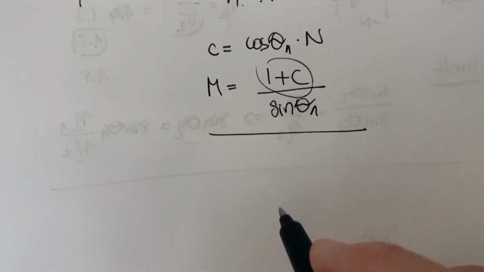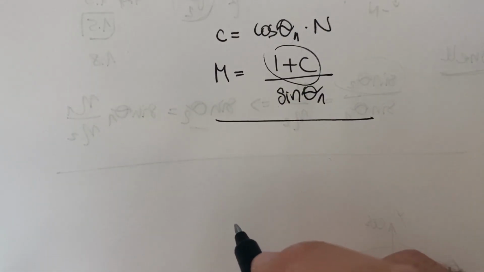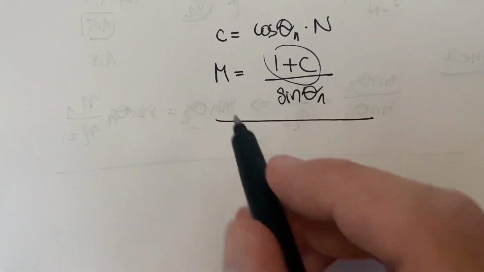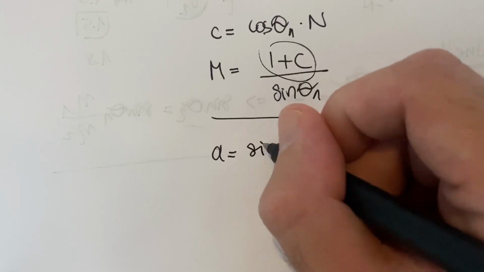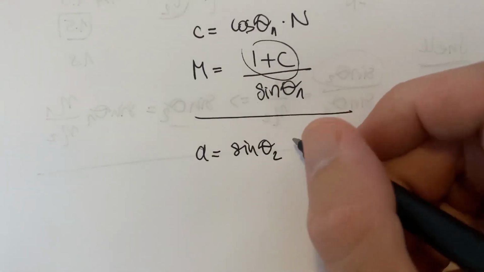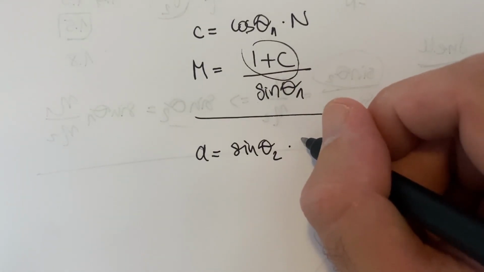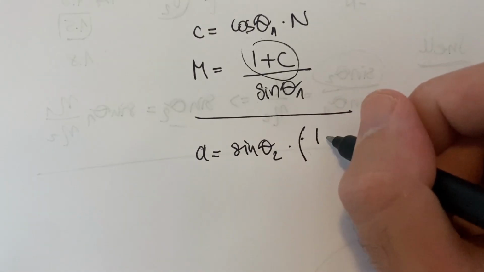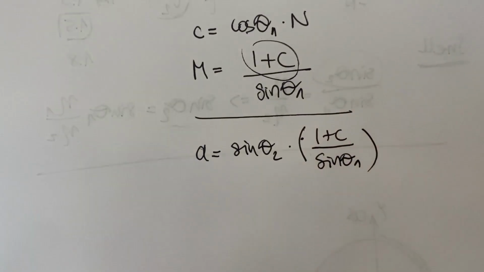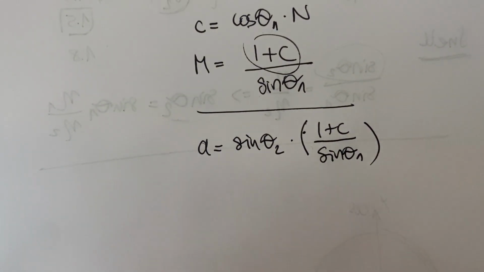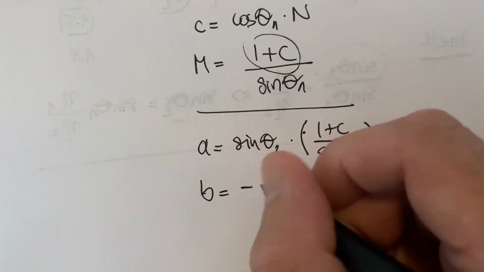Okay, cool. So let's keep on moving. Buckle up. So now we go back to a, and we said that a is sine theta 2 times m. And now, instead of writing m, we can write I plus c divided by sine theta 1. And b is minus cosine.